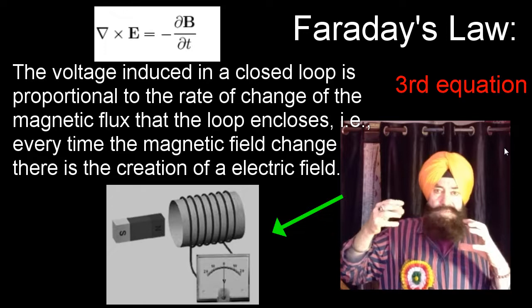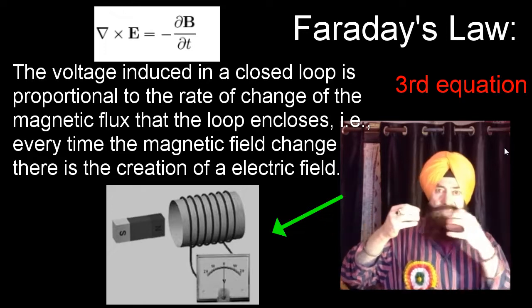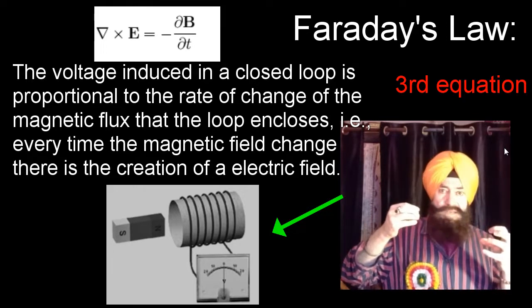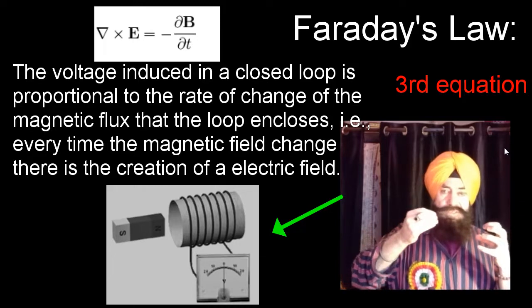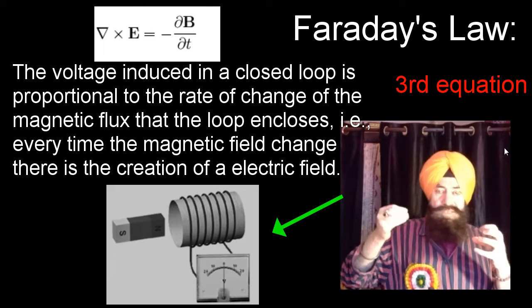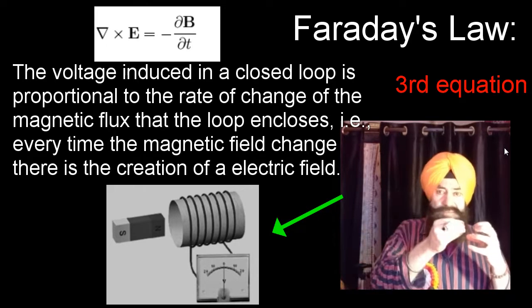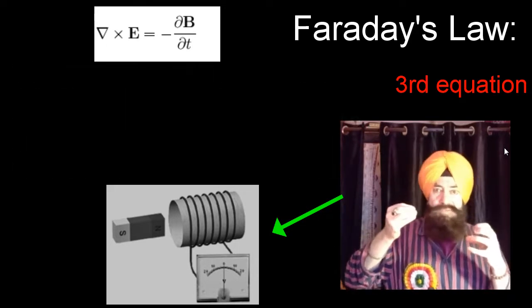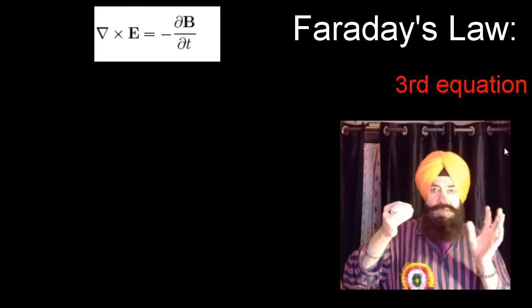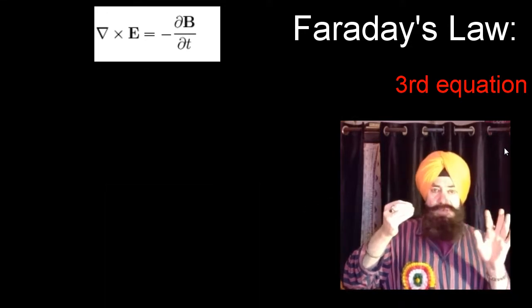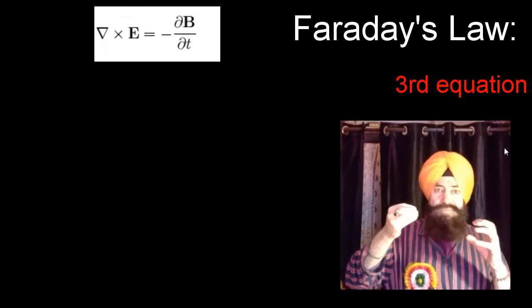So what does it mean? There is a magnet, there is a flux, there is a coil, but the flux is not changing because the magnet is stationary. If the flux is not changing, the flux is linked, but it's not changing, so there is no induced EMF and no induced current. Right.